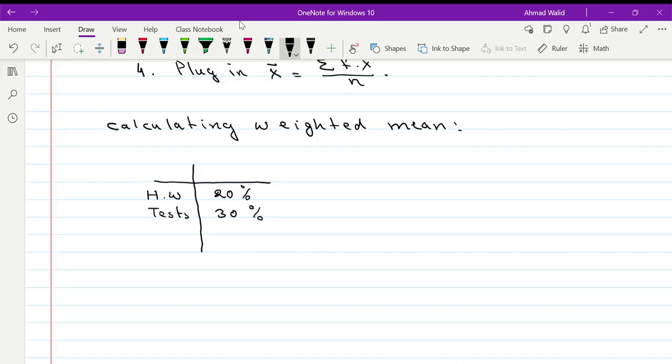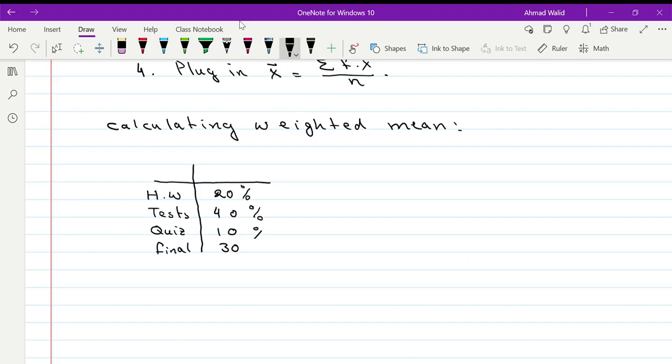A test is actually 40%. Let me fix it, calculate it for you. Your test is 40%. Quizzes, they are 10%. And your final is 30%.